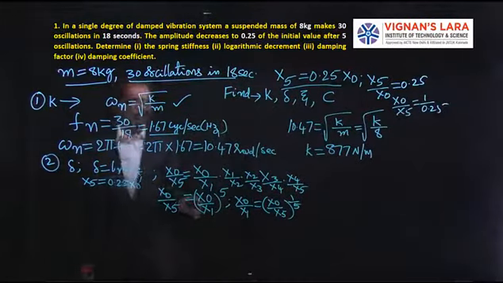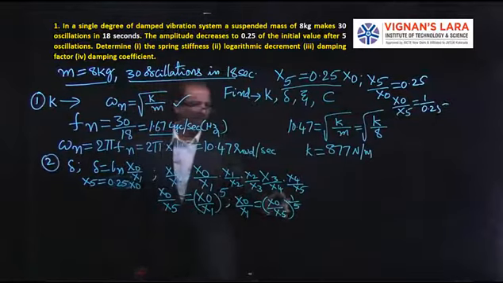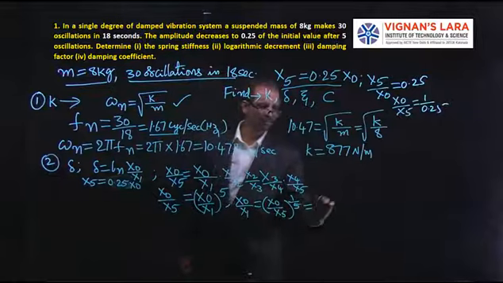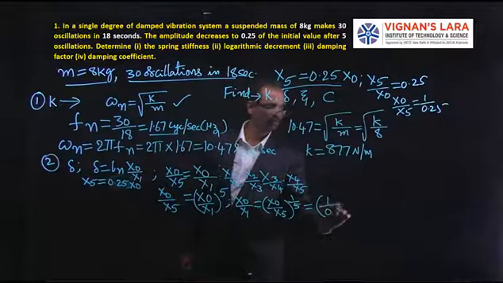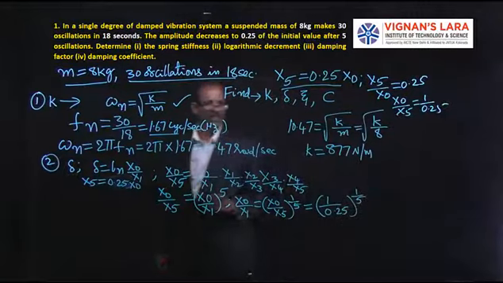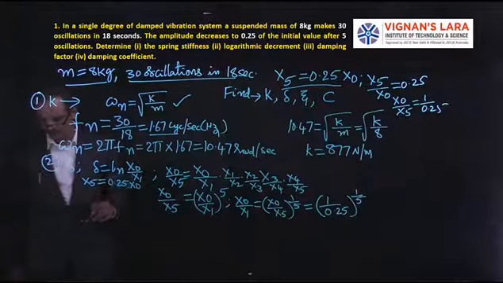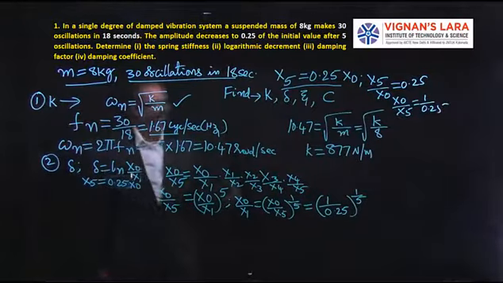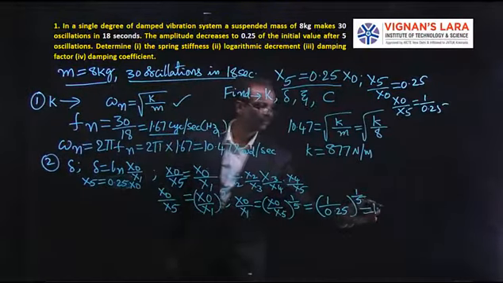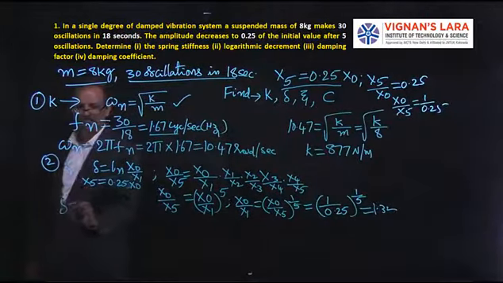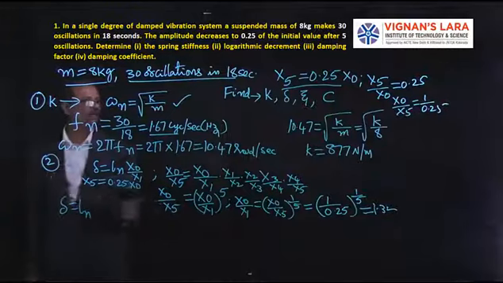So this x naught by x5 is 1 by 0.25 whole to the power of 1 by 5. That is x naught by x1. How much is the value of this? The value of this is 1.32.